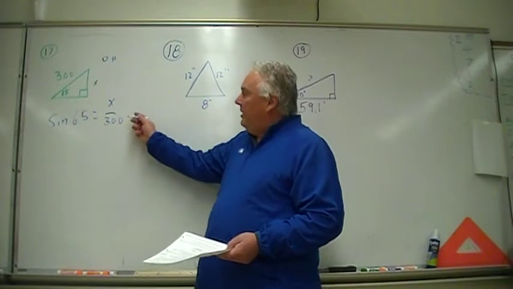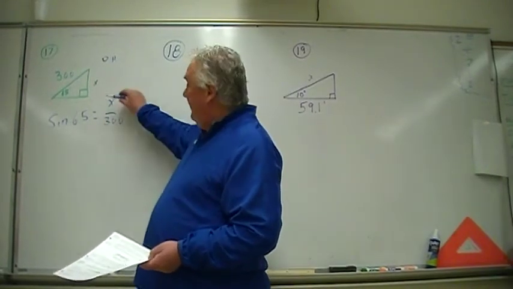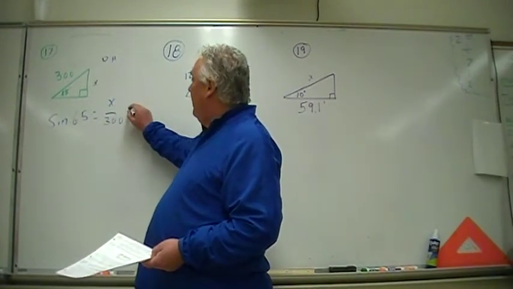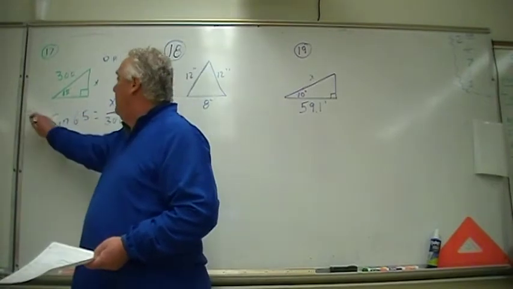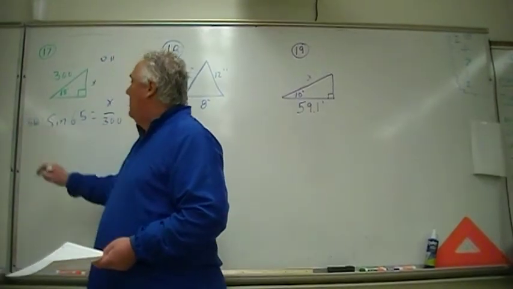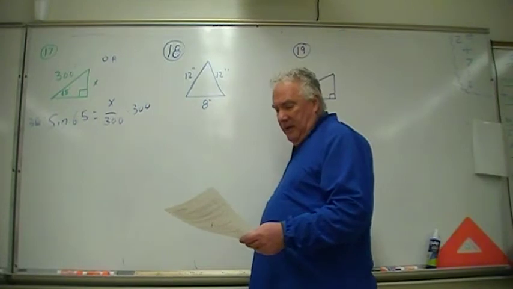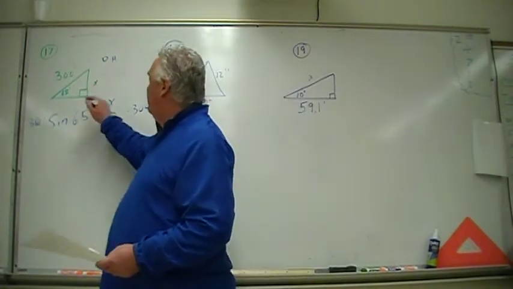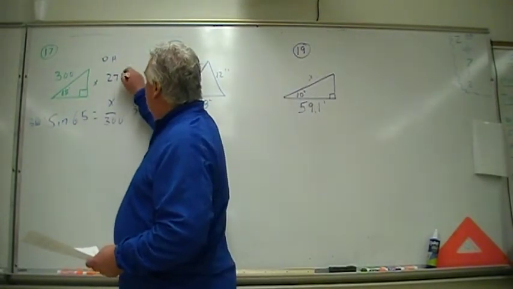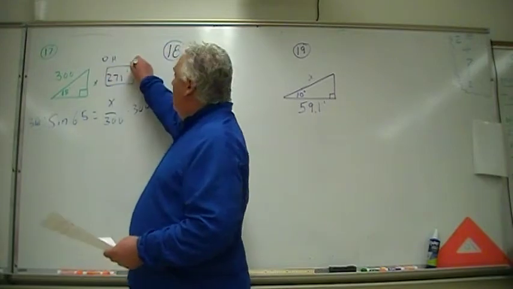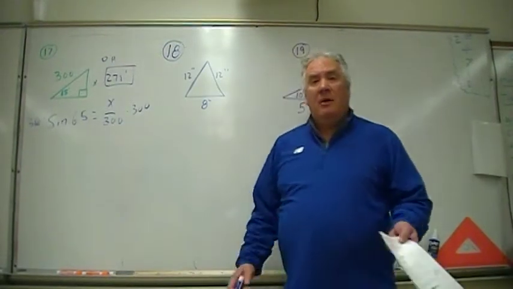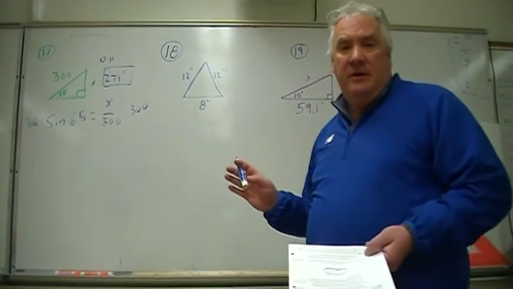So then we multiply both sides by 300. The variable is up here. Multiply both sides by 300. And you will get an answer of 271 feet. Okay? Basic type of problem, 1 step, that's all you got to do.